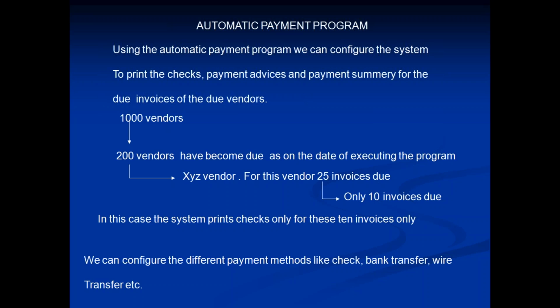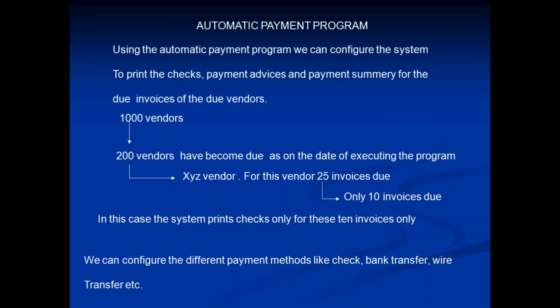Out of these, only 200 vendors are due as on the date of executing the payment program. One of these vendors is XYZ, who has total outstanding invoices with us.